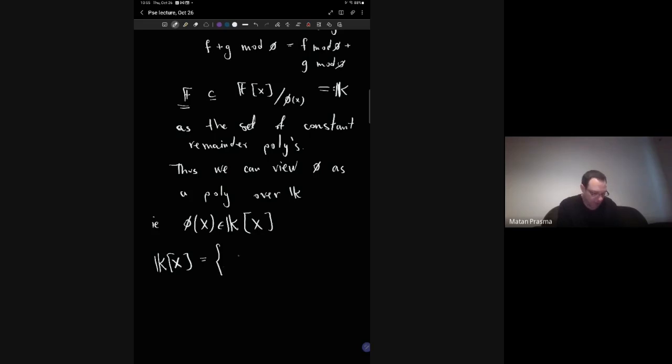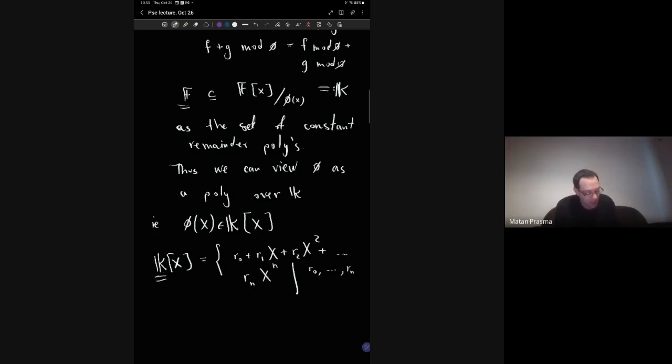You can write it as, let me call it, R0 plus R1 x plus R2 x squared plus, let's say, Rn x to the n, such that R0 up to Rn are coefficients, right?